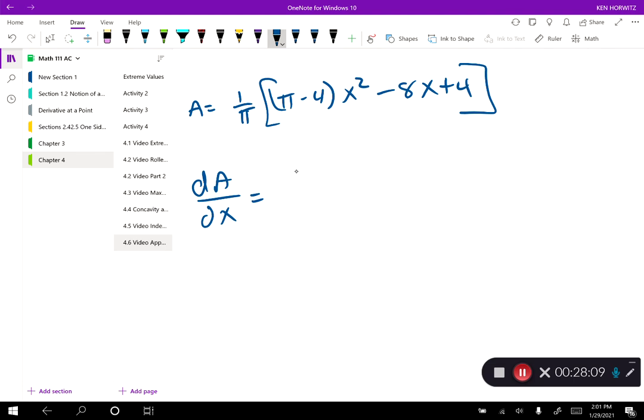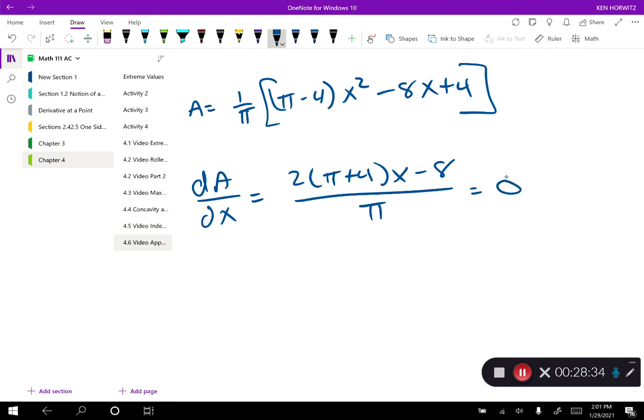I get 2 times (pi plus 4) times x minus 8, over pi. So you see, the pi that I factored out went right back in.